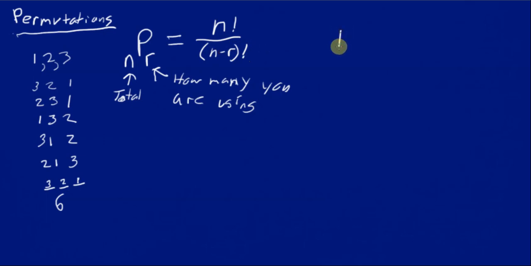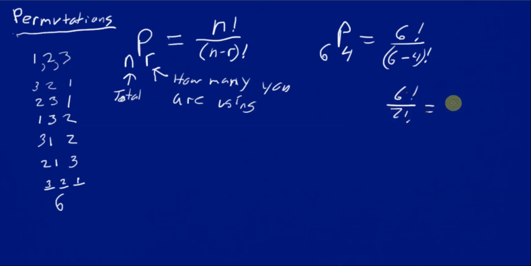So if I have a permutation of 6 things taken 4 at a time, that would be evaluated as 6 factorial all over 6 minus 4 factorial, or 6 factorial over 2 factorial. So we can roll this down to 6 times 5 times 4 times 3 times 2 factorial, just like we did before.